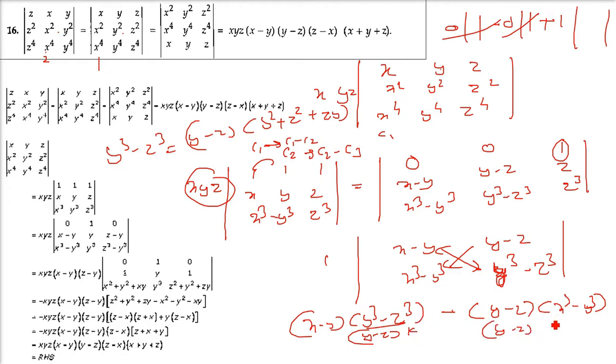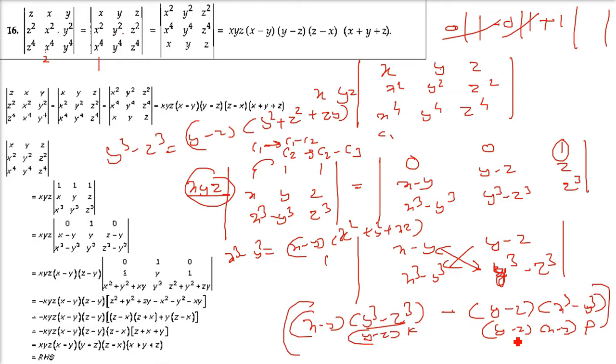We don't have enough space. Then x minus y, and x cube minus y cube will be x minus y, x square plus y square plus xy. It's not xz, it is xy. I'll just change it. Okay, xyz was already there.